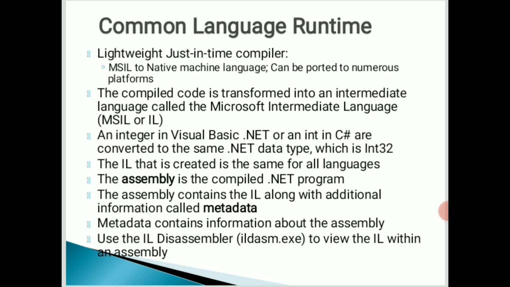The assembly is the compiled .NET program. The assembly contains the IL along with additional information called metadata. Metadata contains information about the assembly. Use the IL disassembler to view the IL within an assembly.